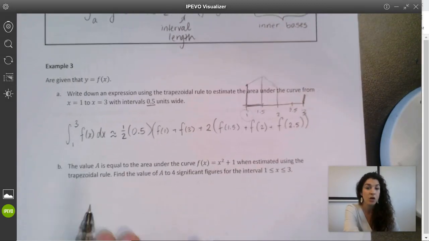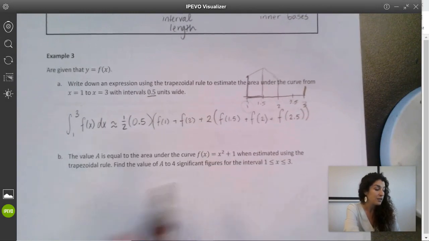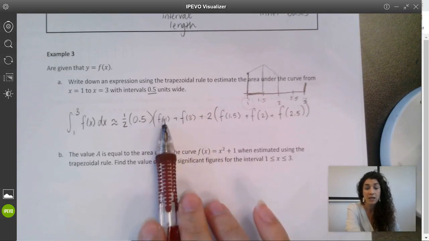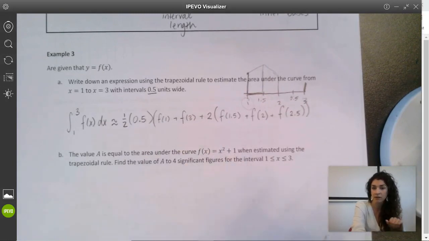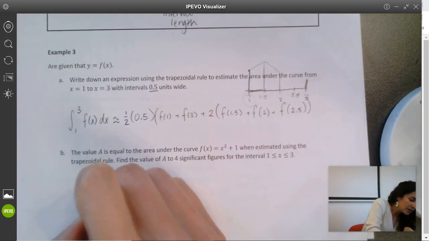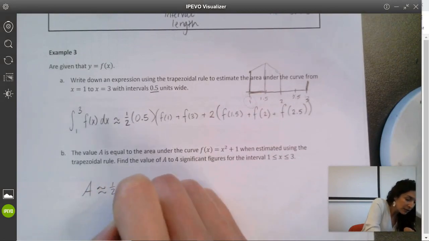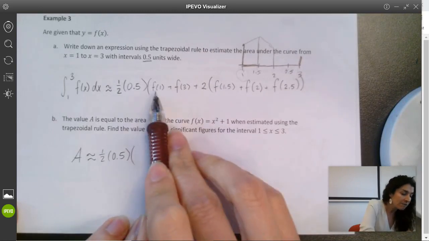And so all that we're doing right now is just fulfilling the rest of this expression by finding out what is f of 1. What is the value when we plug 1 into f of x? So A is that area under the curve, and it is approximately 1/2 times that interval length, which is 0.5, times f of 1.